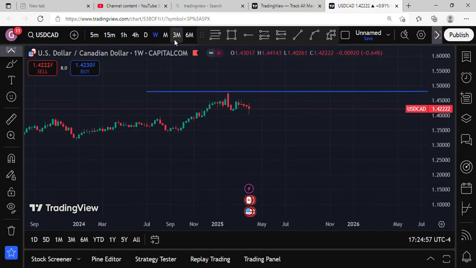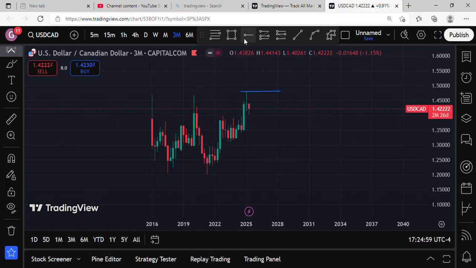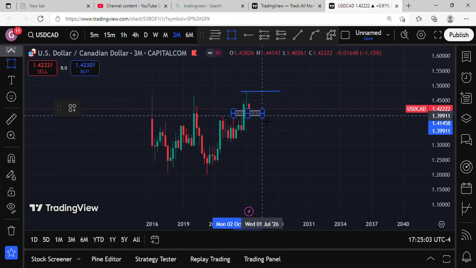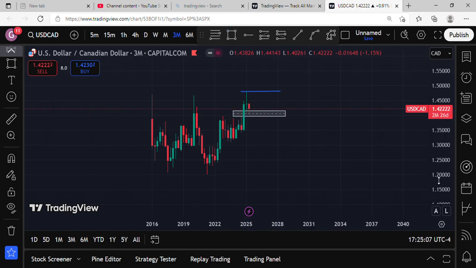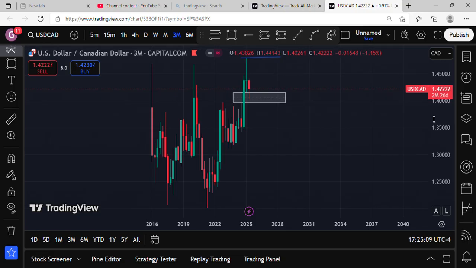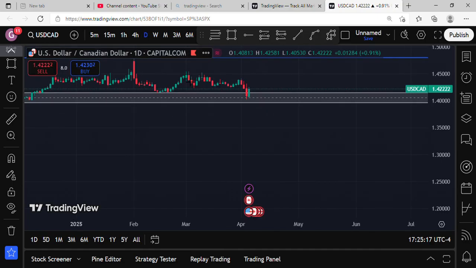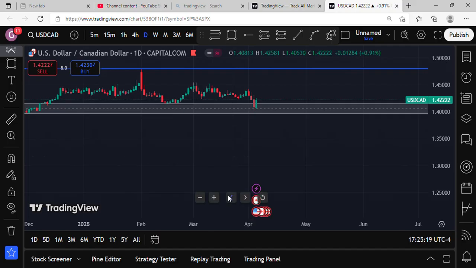Wait, let me mark this up properly before I go. Okay, so that is the fair value gap, and you can see that price has tapped into the 50% and it's rejecting off of that. So we go into the daily.